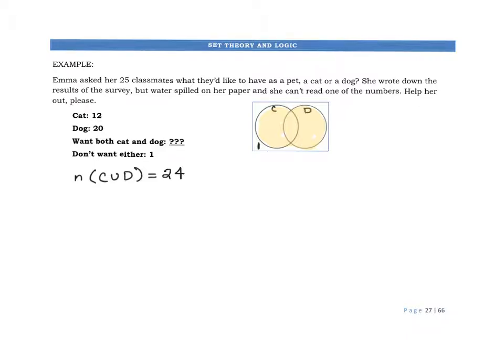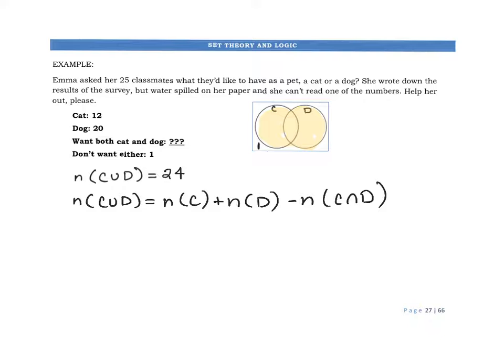Now we could quite easily use the formula, knowing that the cardinality of the union of C and D is equal to the cardinality of the set of cats plus the cardinality of the set of dogs minus the cardinality of the people who wanted both. That would be the intersection of cats and dogs.